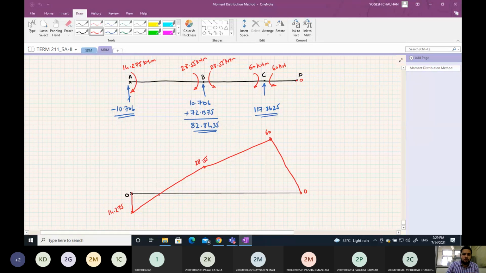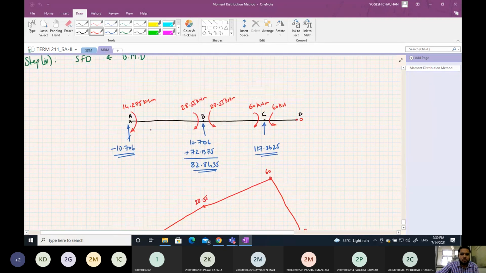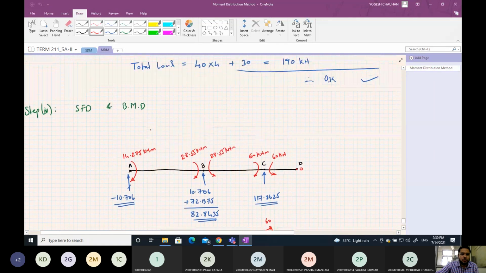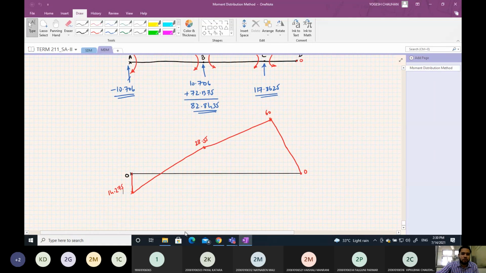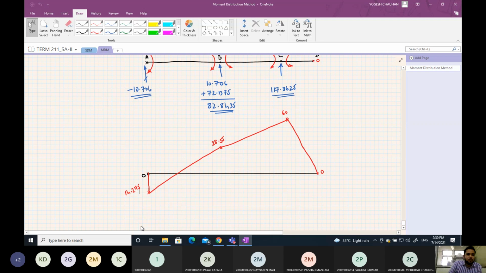Now we draw the freely supported bending moment and superimpose it on this.